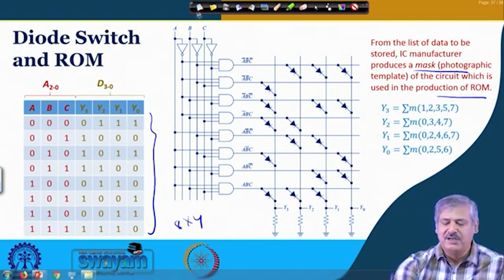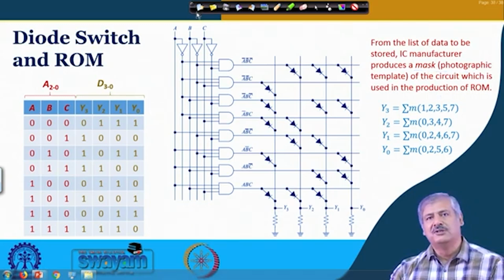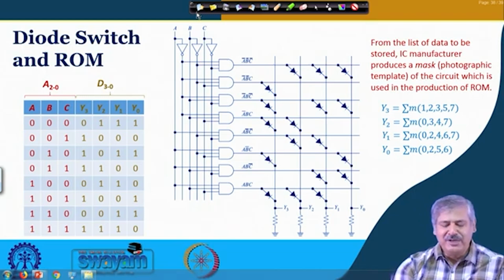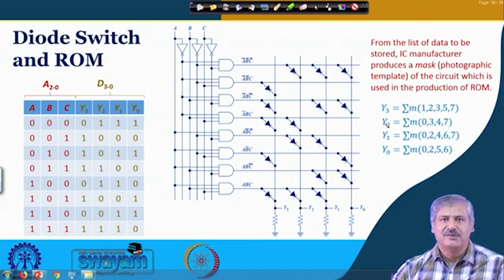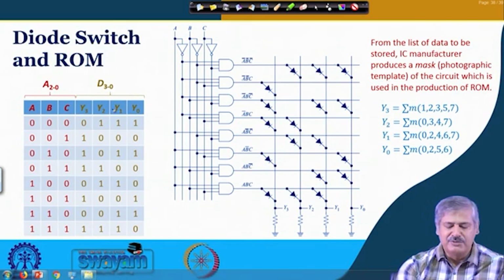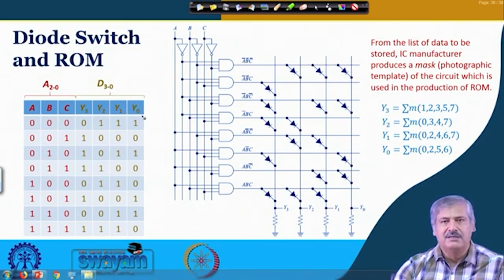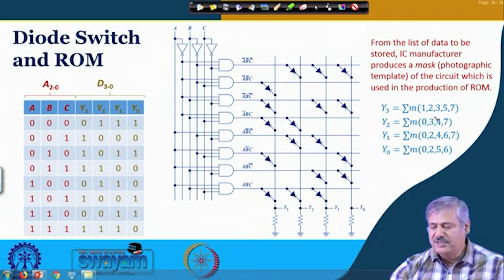Now, as we had noted, this memory is also a combinatorial circuit, right. So, now if we represent D3 as Y3, a Boolean function getting generated, and D2 as Y2, D1 as Y1 and D0 as Y0. Then this Y3 is what?